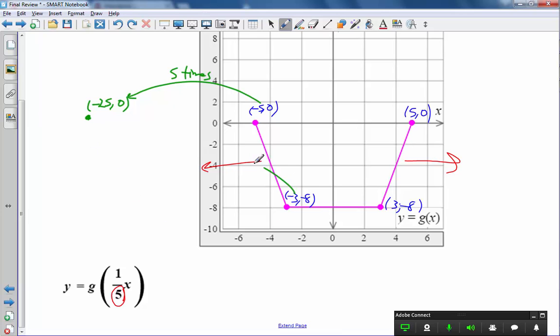How about this guy? What is 3 times 5? 15. So it's going to move somewhere here. Okay, this point is going to move somewhere here. 5 times bigger is 15, 0. That one is going to move 5 times to the right, 25.